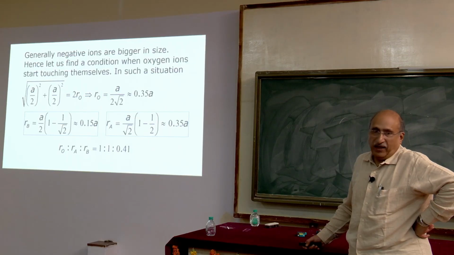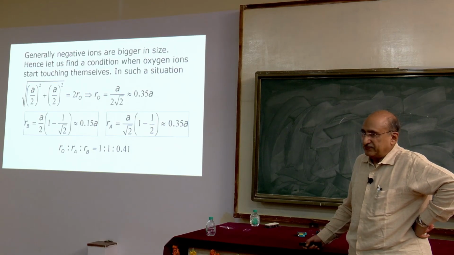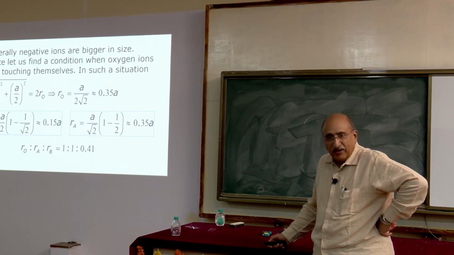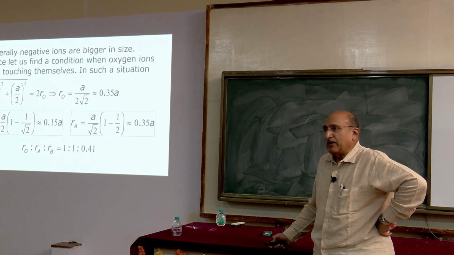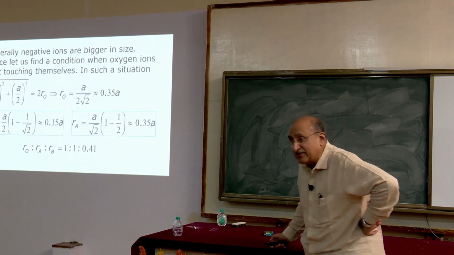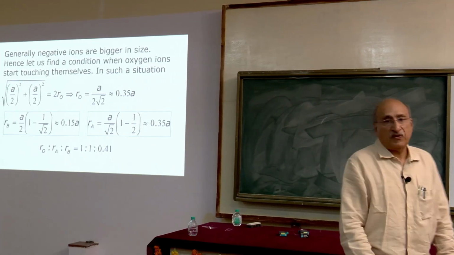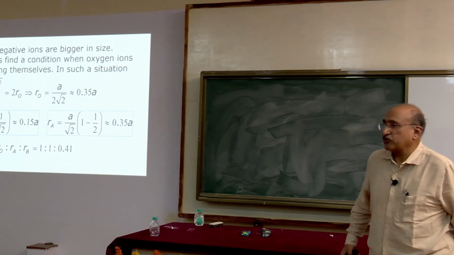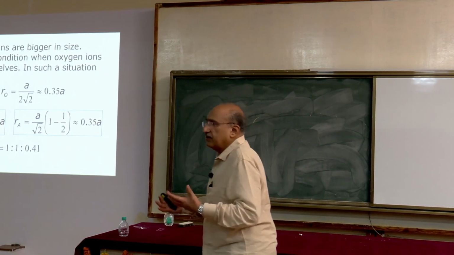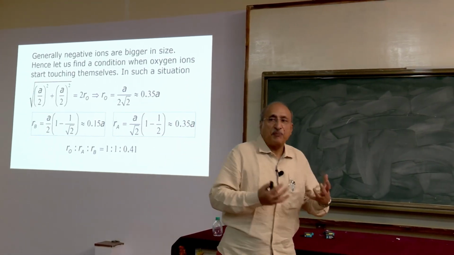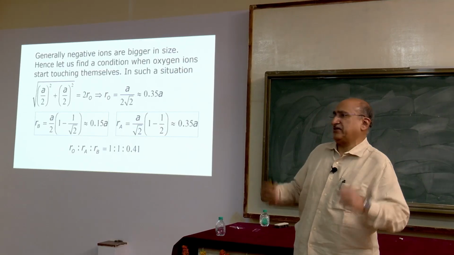But in general, it will not happen. Something will go loose, something will become larger, something will be smaller. And therefore, sometimes the structure will continue to remain intact, sometimes it will start distorting heavily. And that's what happens in perovskites, because there are a large number of ABO3 type compounds which have the perovskite structure. You get a range of structures.